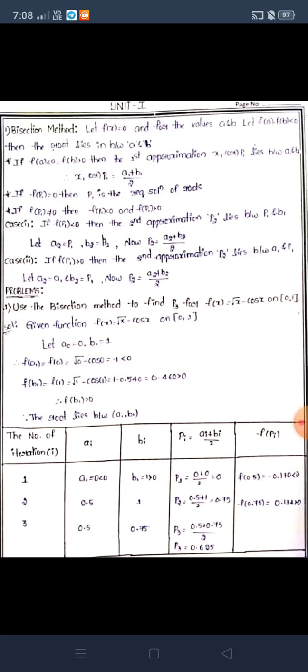This value is equal to minus 0.170. This is less than 0.